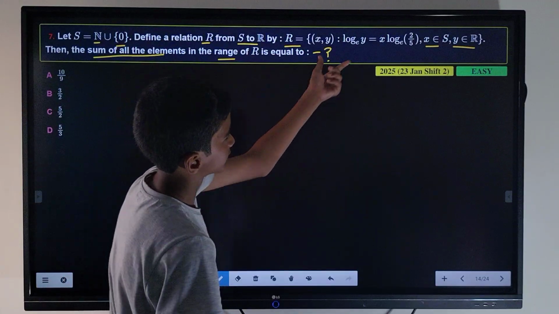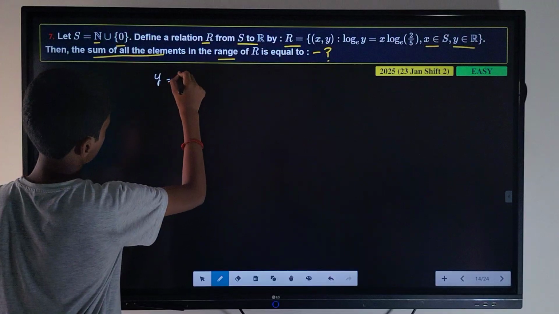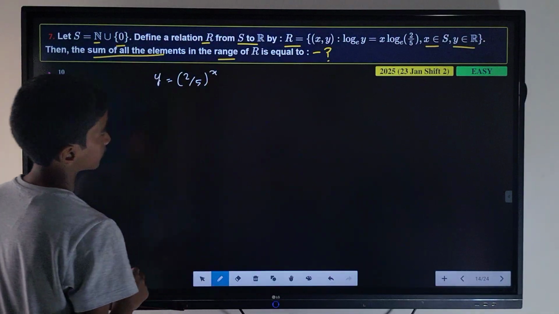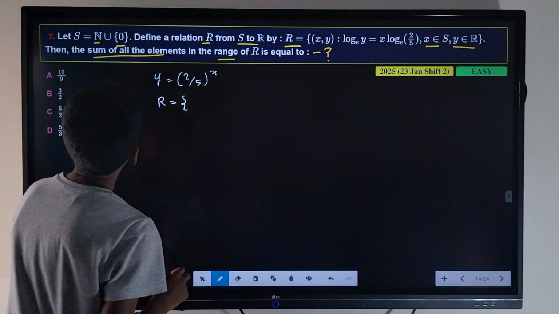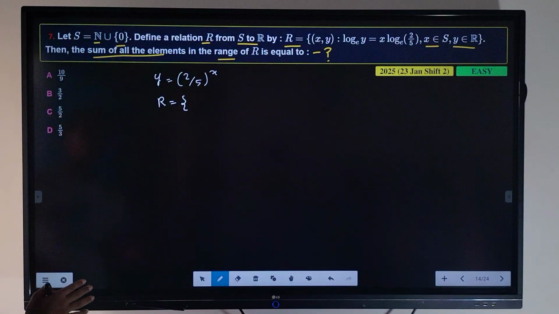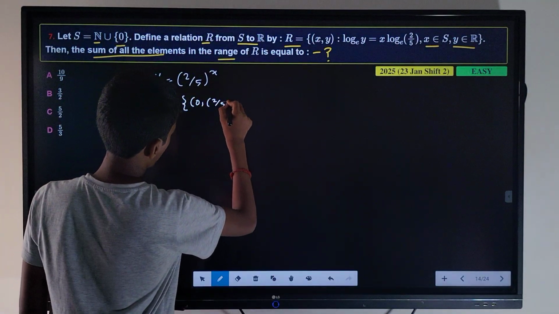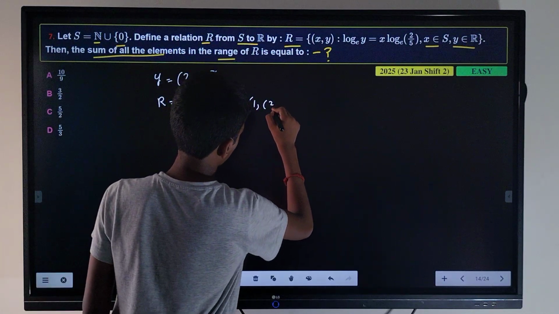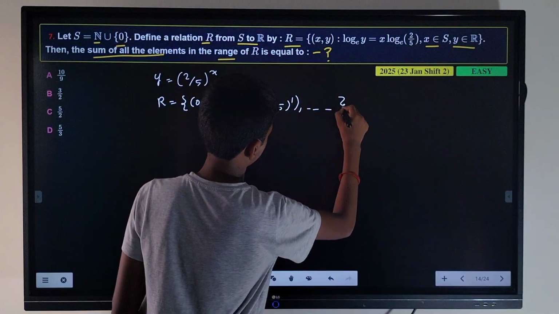Now from this equation we can say that our Y is equal to 2 upon 5 raised to power X. From here we can write, domain of our relation is N union 0. So from here 0 comma 2 upon 5 raised to power 0, 1 comma 2 upon 5 raised to power 1 and so on.